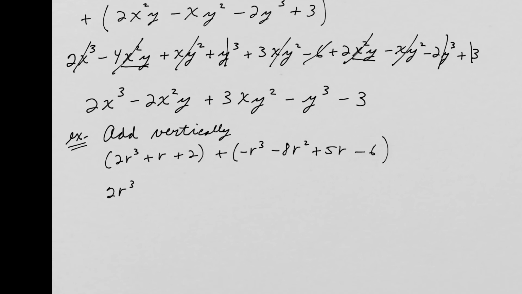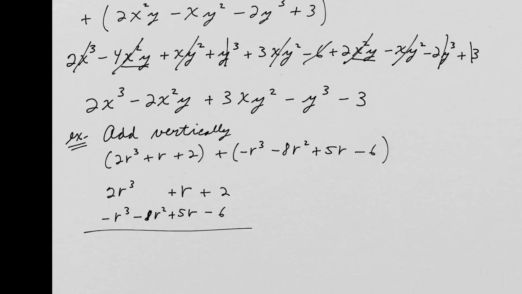Then I don't have any r squared in that first polynomial, so I would just leave a space, then put the r, so I'll do plus r, and then plus the constant. Then in the second one, I have a negative r cubed. I do have a square term, so I'll write it in here, negative 8r squared. And then I have a plus 5r, and then a minus 6.